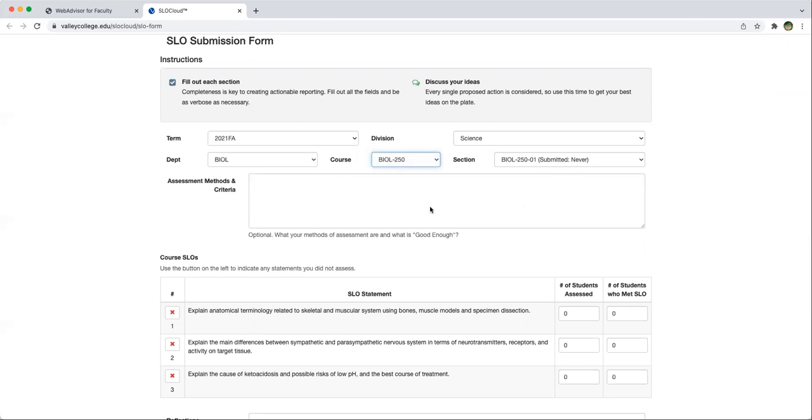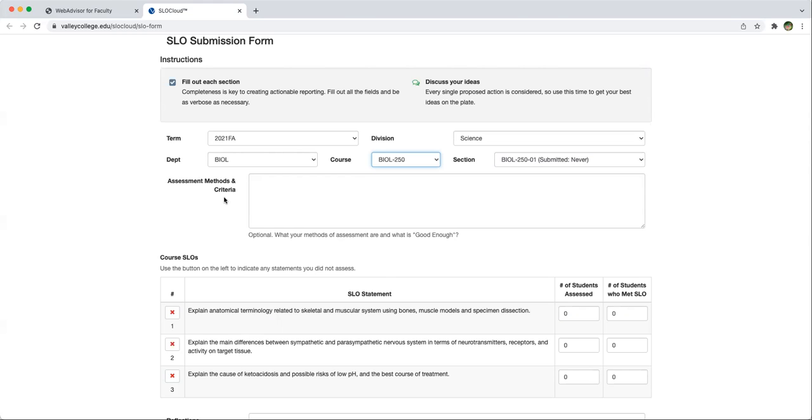So the first thing that you are going to do to complete this form is fill up this section, assessment methods and criteria. What we're looking for here is how did you assess your students on the listed SLO below? It doesn't have to be paragraphs long.